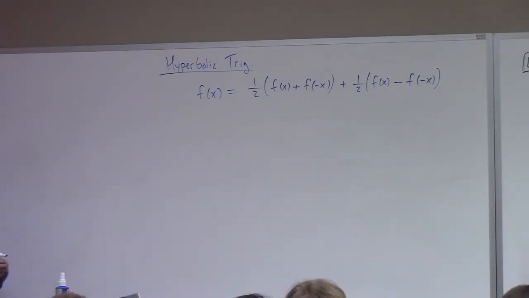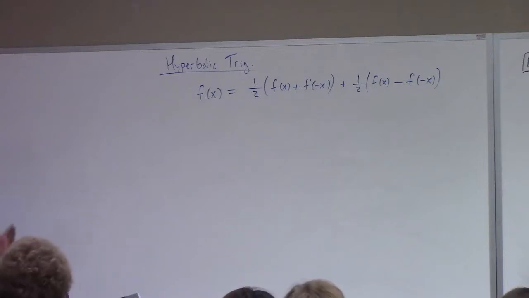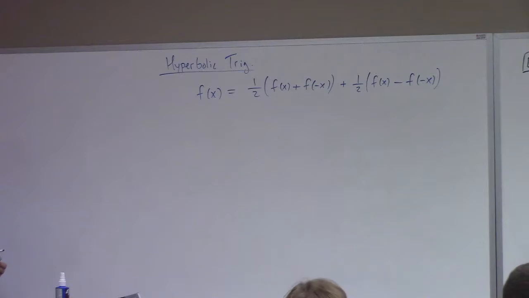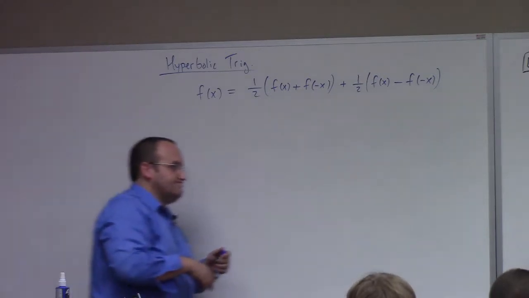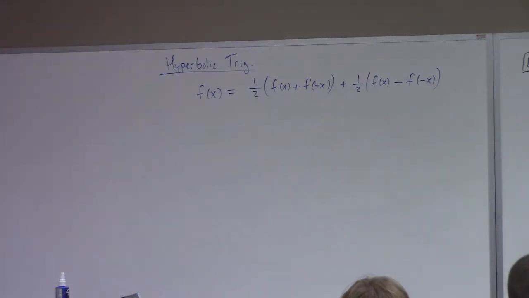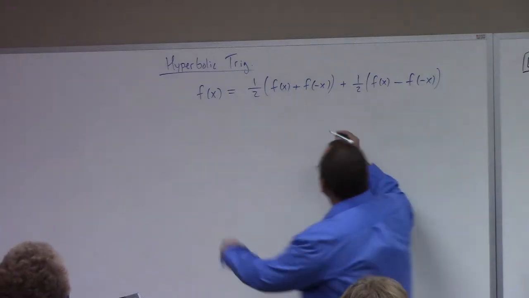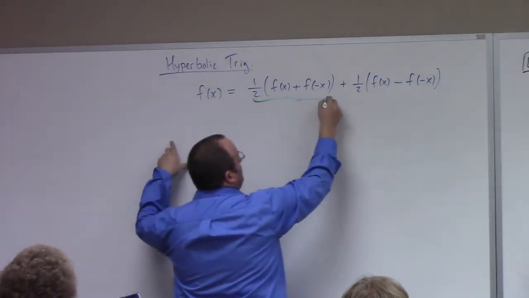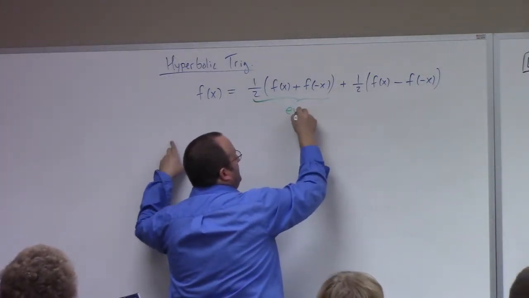You may have never seen this before, and that's fine. What's interesting about this identity I just wrote, which again supposes that both x and minus x are in the domain of f, is the nature of these two terms. This right here, folks, is even.